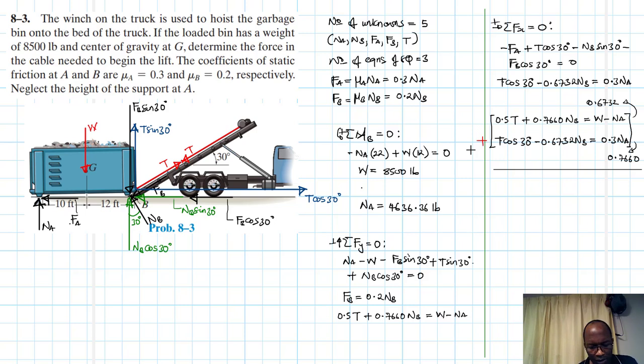Where is NA? That's 4636.36, close bracket, times 0.6732 plus 0.3 times NA, which is 4636.36, by 0.7660. We close brackets, then divide. Oh no, the answer didn't come out. Alright, let me write everything.